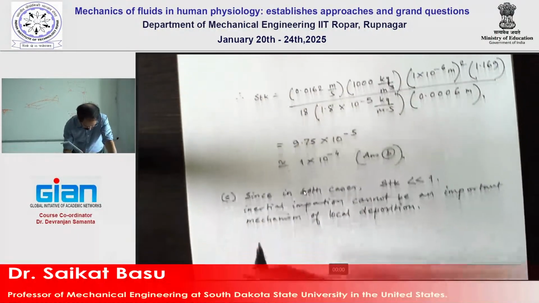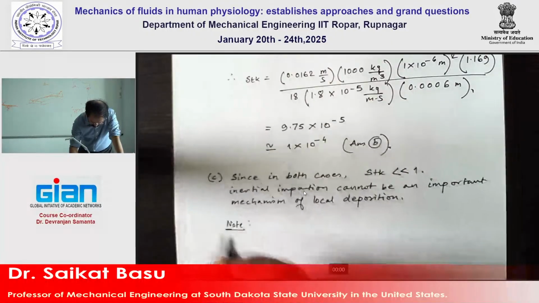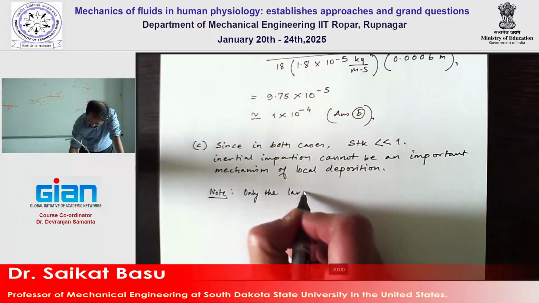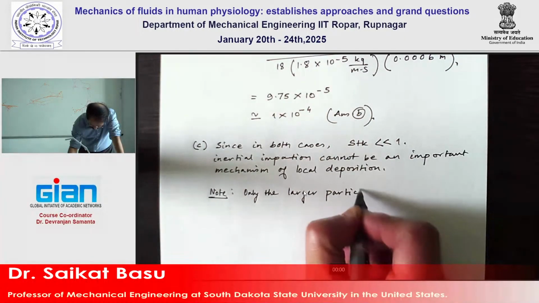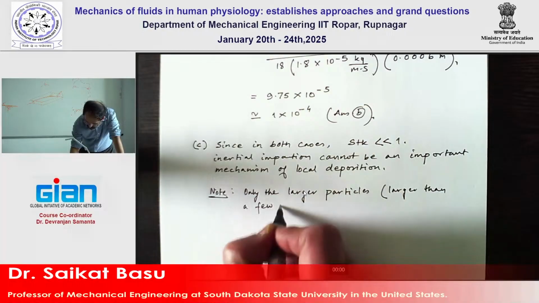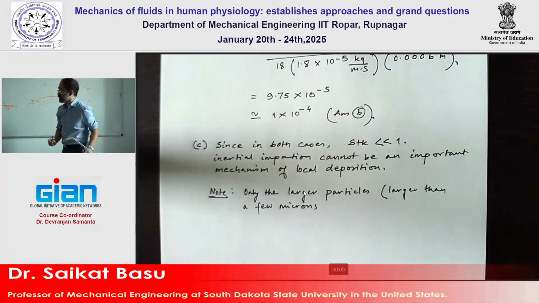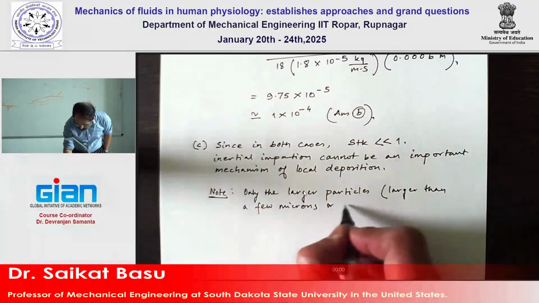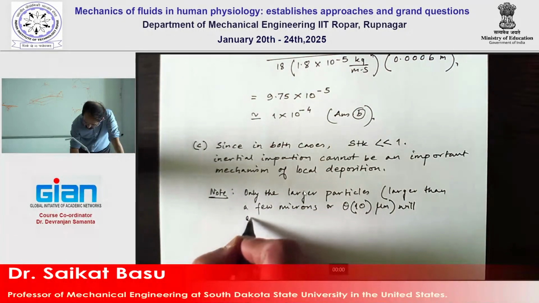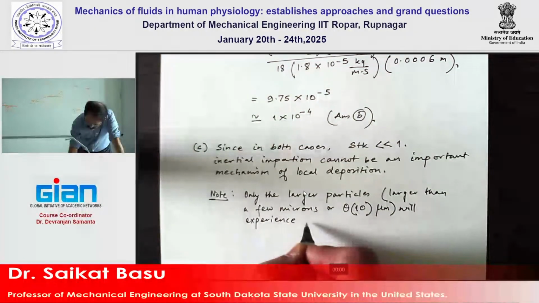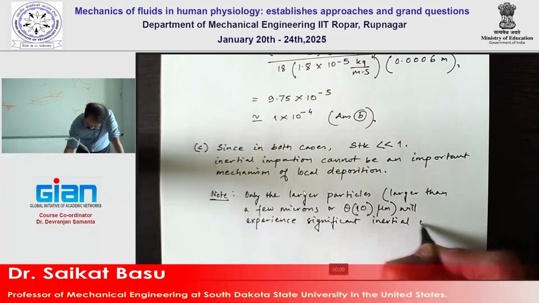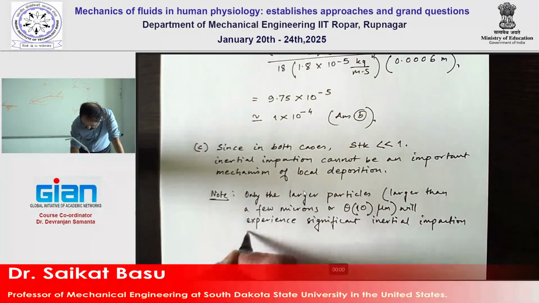Okay, so let me write down one last statement here under this problem. So only the larger particles, larger than a few microns, or typically what I was suggesting was something on the order of 10 microns, so 30-40 microns, will experience significant inertial impaction in the lung region.